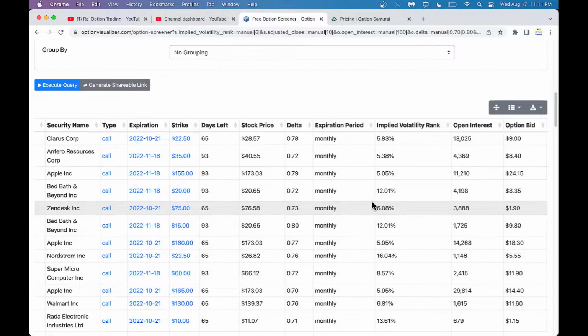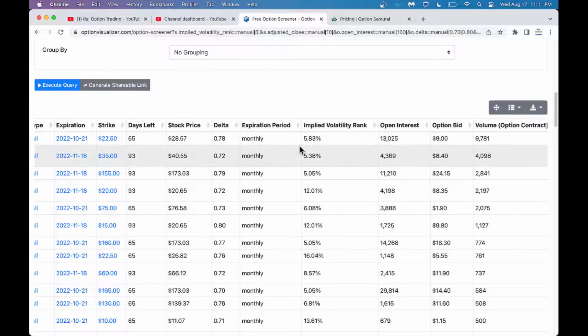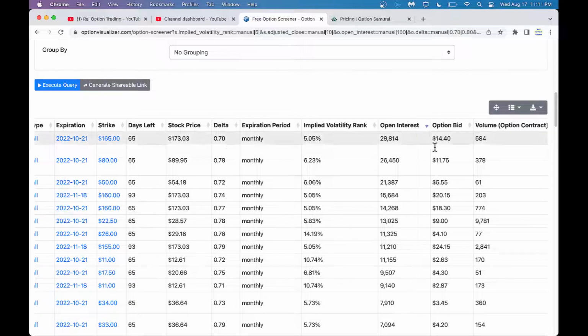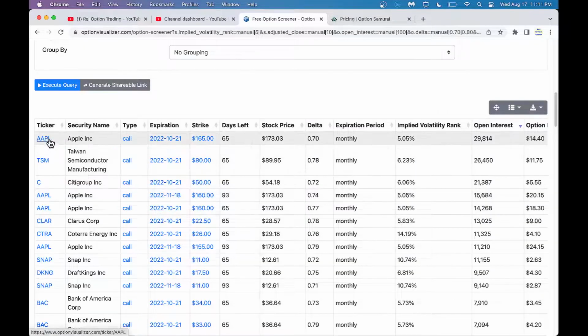And if you want to look at the open interest, also always go after high open interest here. I could sort by open interest here, just like this. Look, we got the stocks with nice and high open interest here. Let's go back here. Look, Apple at the top here. This is when you can buy some call options in these types of stocks here.